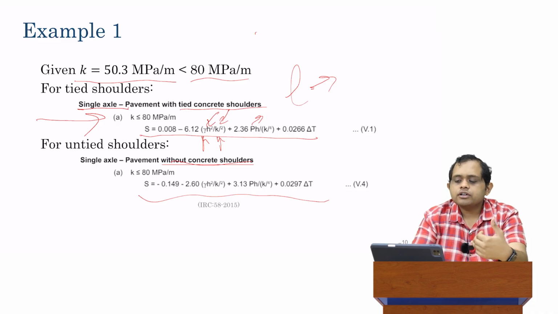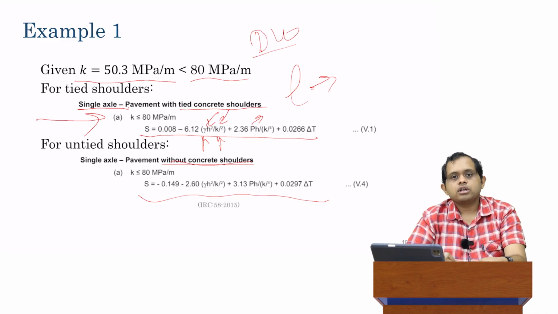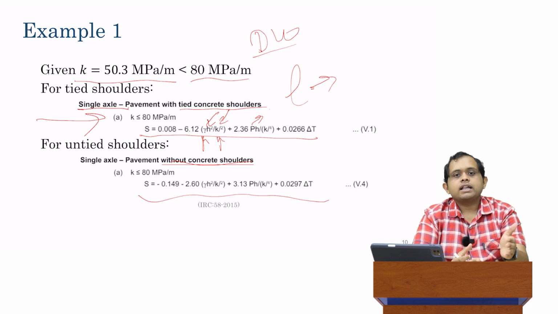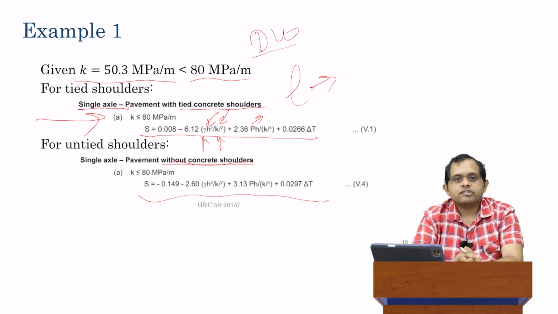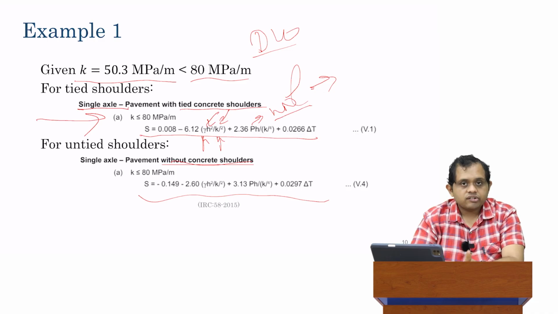The assumption is that it is a dual wheel axle, and therefore when developing the finite element equation, they took the total load of the axle, divided by the number of wheels, assuming that all the wheels carried the same load, and then those were placed accordingly as we described previously in the critical loading conditions. But in developing the regression equations, the input was simply the total load of the axle. So P is the total load of the axle, not the wheel load, and the units are kilonewtons, not newtons, kilonewtons. Anyway, we'll talk about units a little later.